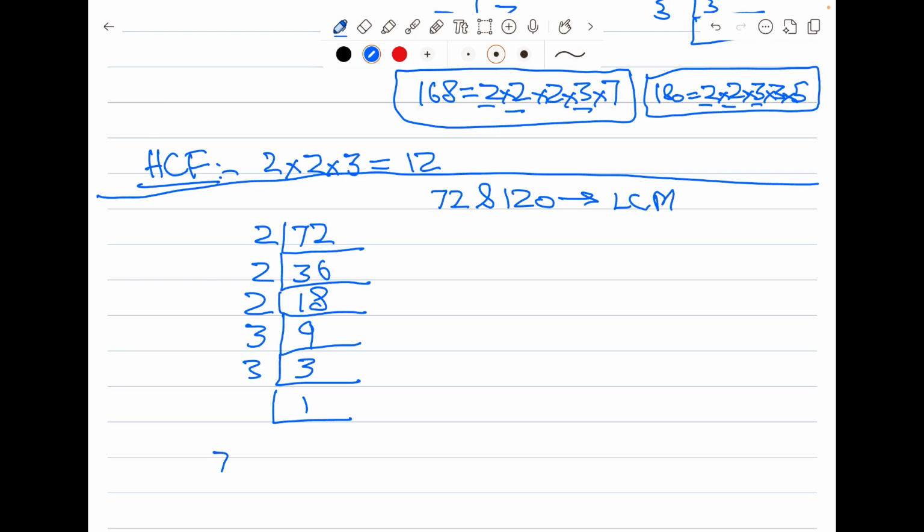So that means 72 can be written as 2 multiplied by 2, multiplied by 2, multiplied by 3, and again multiplied by 3.